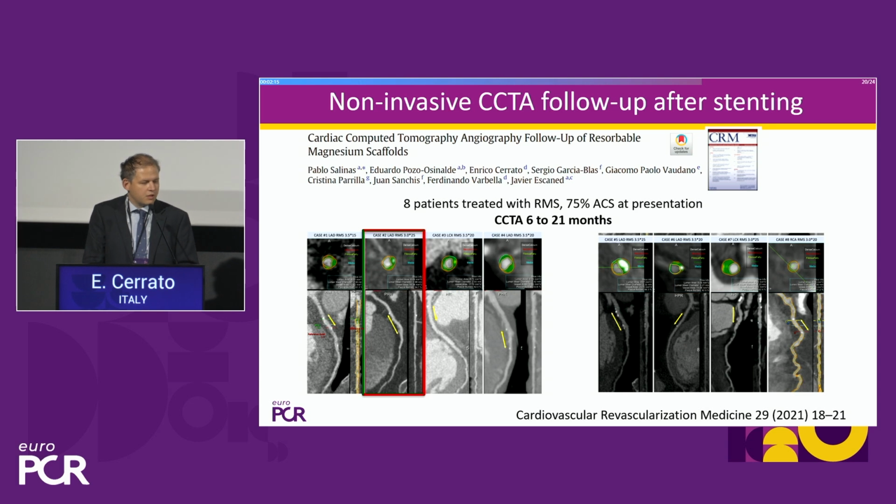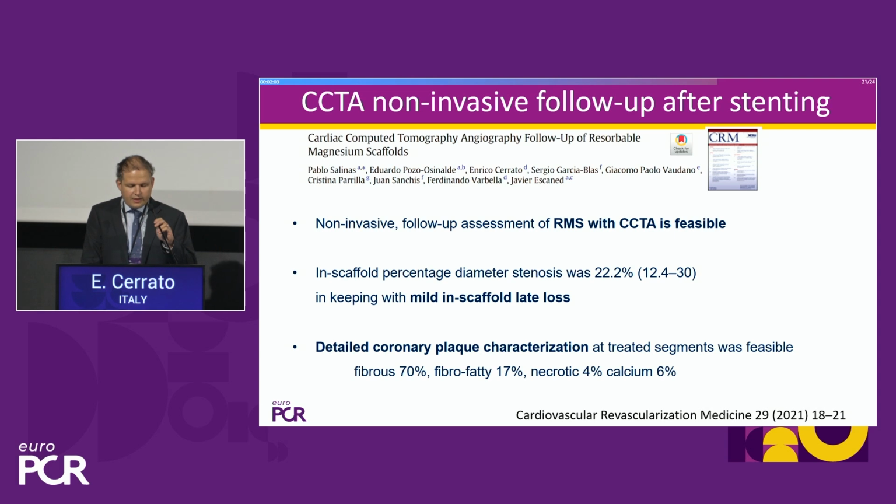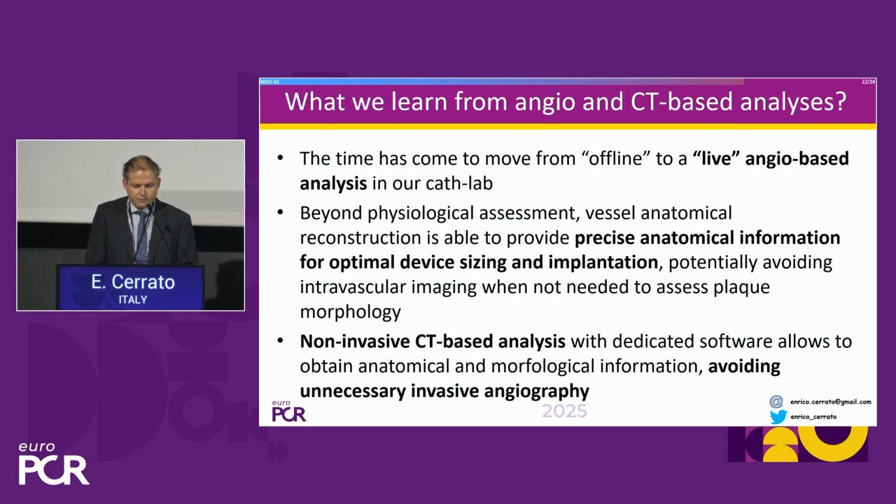This specific patient was included in this case series that we published some years ago, demonstrating that it was feasible to perform a CT follow-up in such patients, and we can observe, it's true, a mild in-scaffold late loss, but we can also have a detailed coronary plaque characterization that was prevalent to fibrous fatty plaque, and notably there is a majority of patients that started the pathology with acute coronary syndrome.